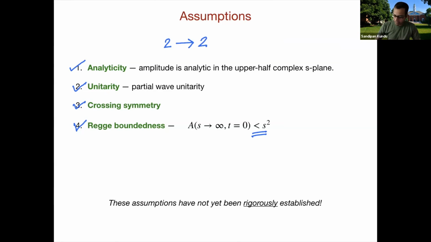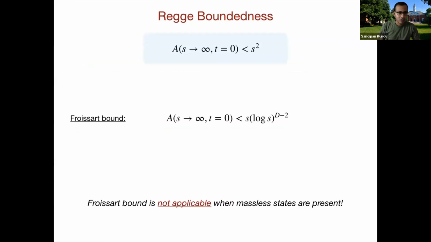Since we were discussing Regge boundedness anyway, let me talk about it for a couple of minutes. Regge boundedness actually follows from the Prasad bound. It's a way weaker condition than the Prasad bound. But it's also known that the Prasad bound is not applicable when you have massless states in the theory.